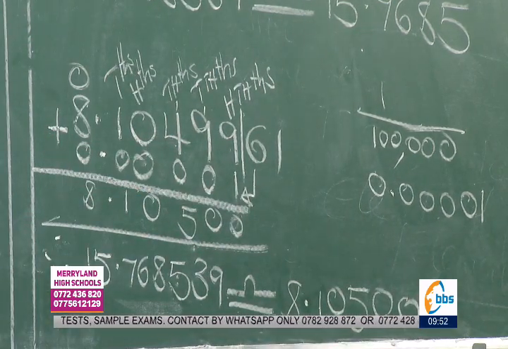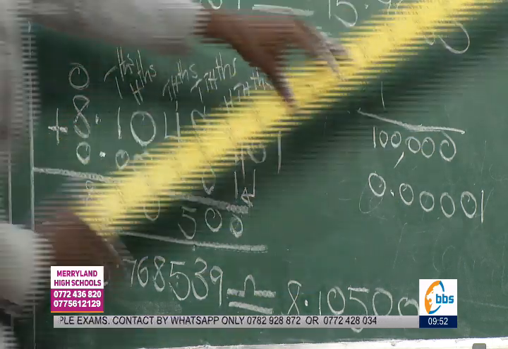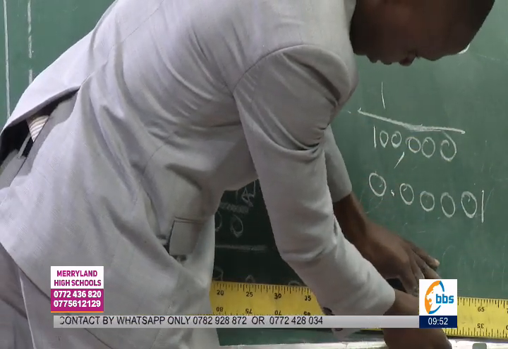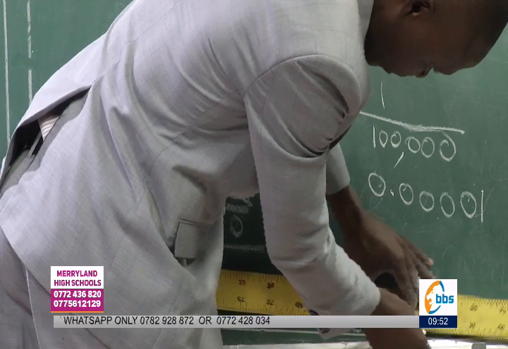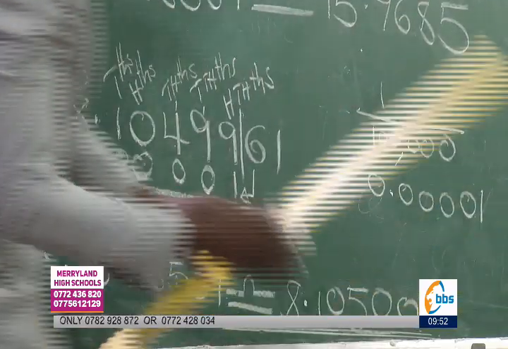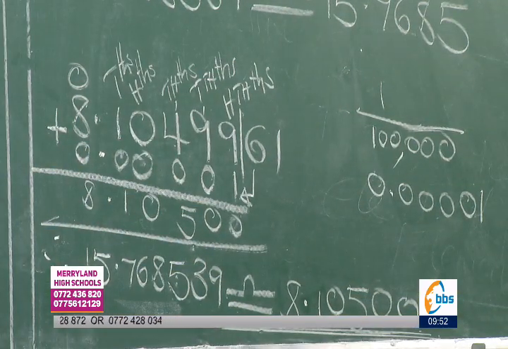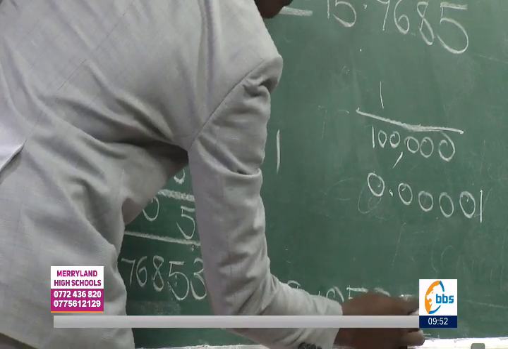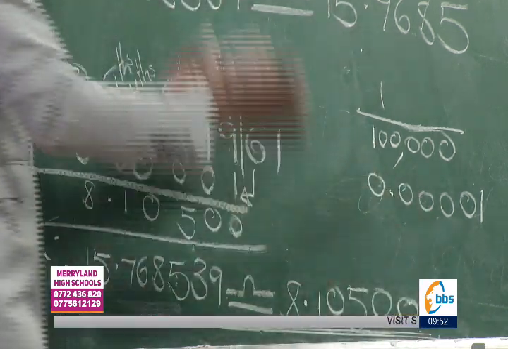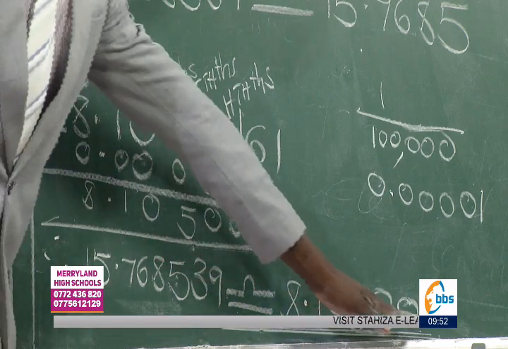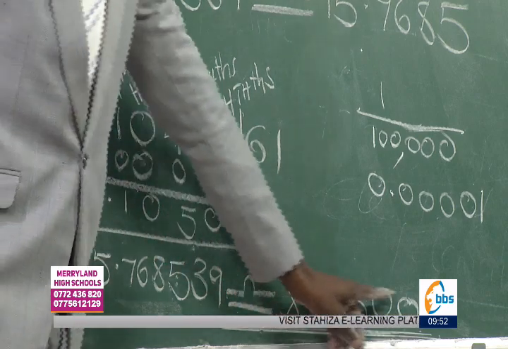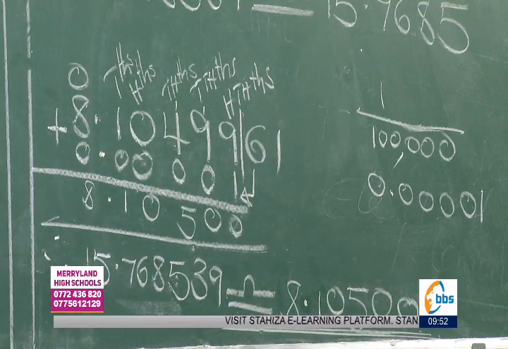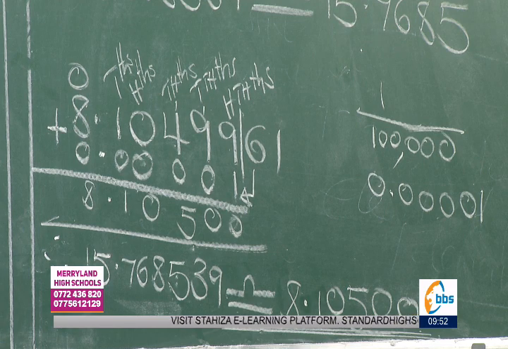I wanted to bring in those zeros at the end. How many digits do we now have after the decimal point? These zeros are very relevant. They are very, very important. How many decimal places? 1, 2, 3, 4, 5.